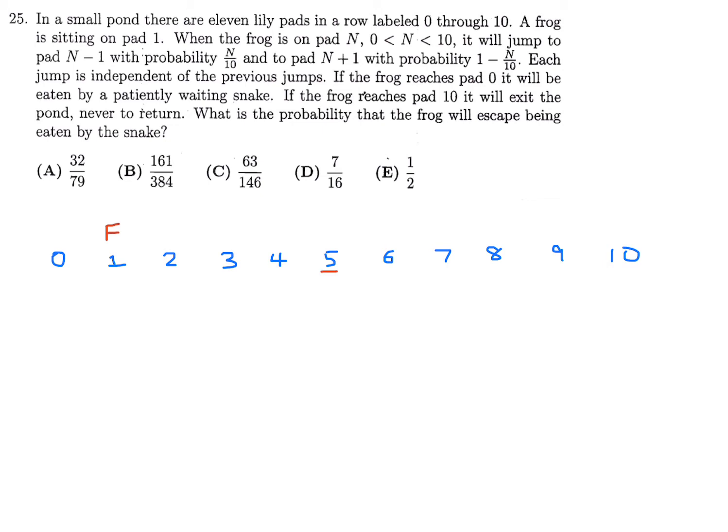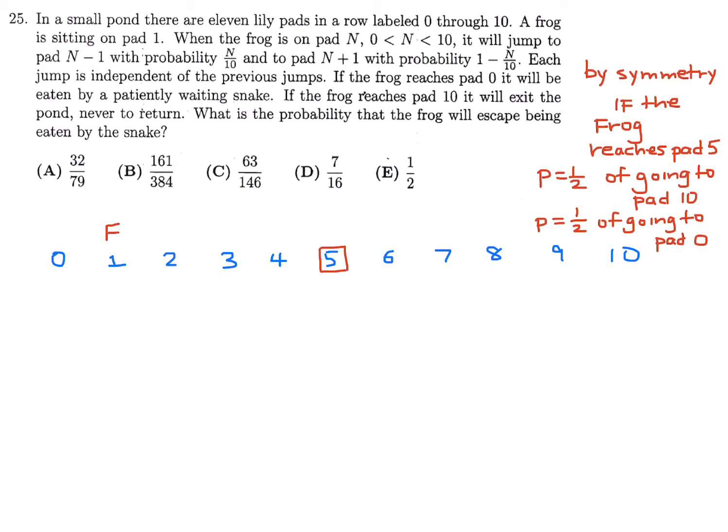But if the frog reaches pad 5, then because of the symmetry of this diagram, it has a 50% probability of going all the way to pad 10, and a 50% probability of going to pad 0, where the snake is. So that's very important. We are interested in him escaping.